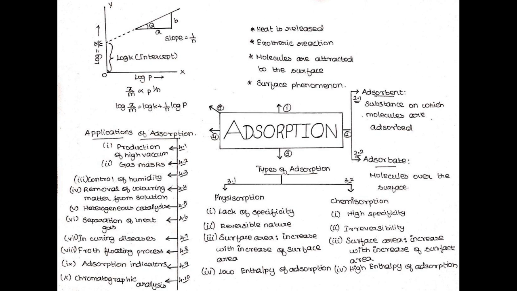He has listed out all the subpoints, classified the adsorbent and adsorbate, the type of adsorption, the applications of adsorption, then the famous Freundlich equation. So these are all covered in a single page.